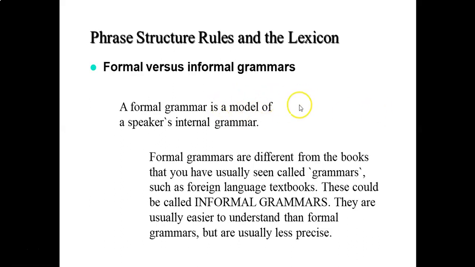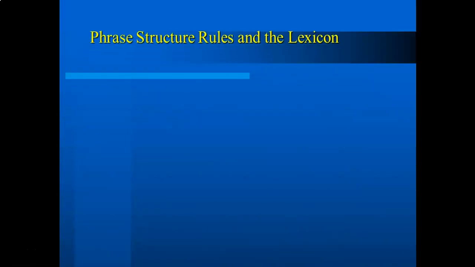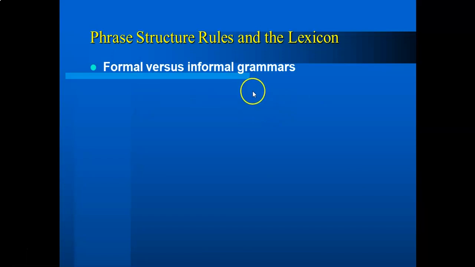But it's not found in informal grammar. Well, here are the phrase structure rules and the lexicon. Formal versus informal grammar are still related, in the way to analyze which one is the phrase structure rule and which one is the lexicon. By knowing this, it means that we study the formal grammar.